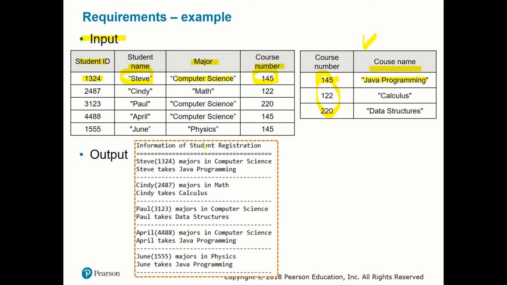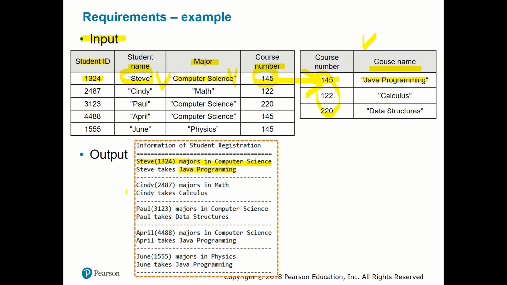Then we need to output that Steve majors in computer science. Steve here majors in computer science, and he takes course 145, right? So course 145 is Java programming. You see here, Steve takes Java programming.